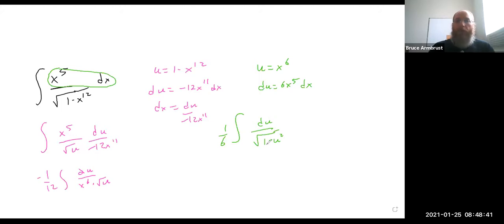So this substitution was driven more by the remaining piece, because this is still a form we know how to do. Which inverse trig function is this going to lead to?